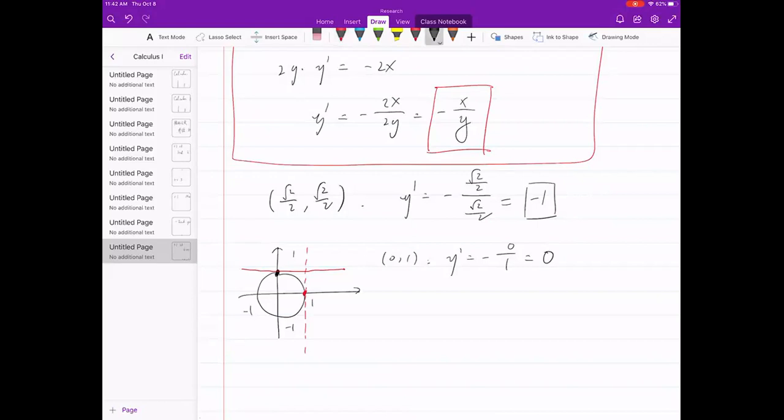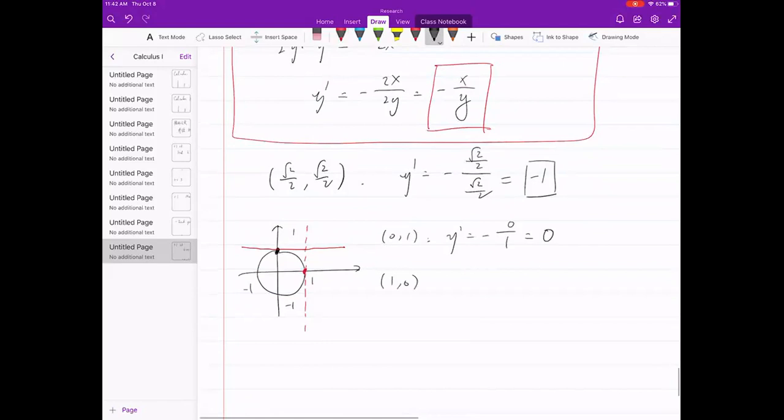Well, you can try this point, 1, 0. What do you have? Undefined. Or we can say vertical asymptote because it goes up. Okay. That's why we say circle here. On the left and right end points, you will have infinite changing rate. Technically, can't do this. Sounds good.